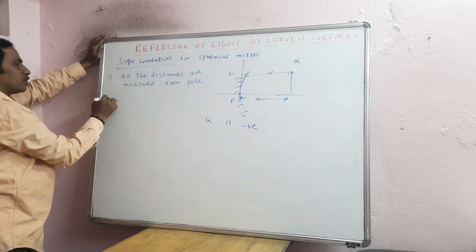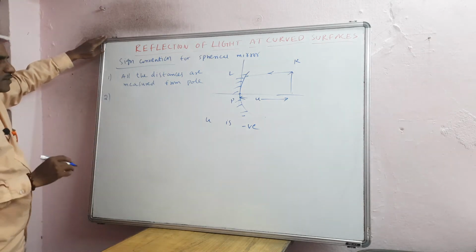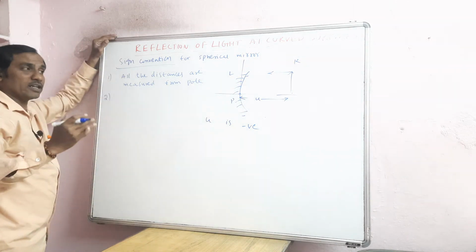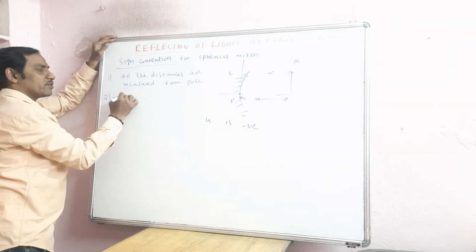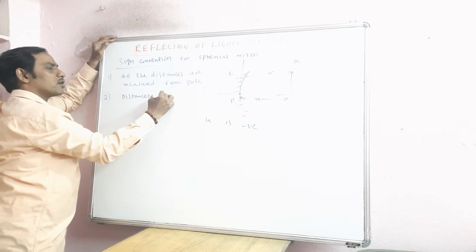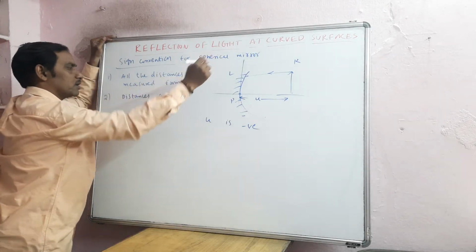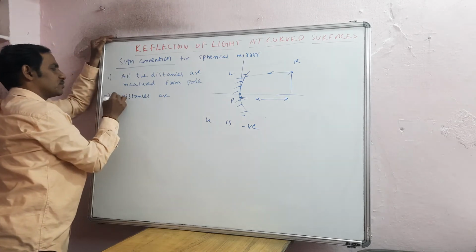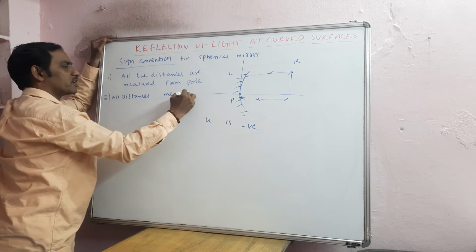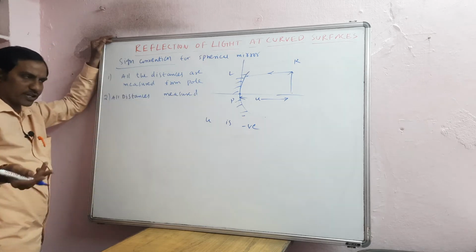And what you have to do, all the distances which are measured in the direction of the light ray are taken positive, and in the opposite direction you have to take negative.